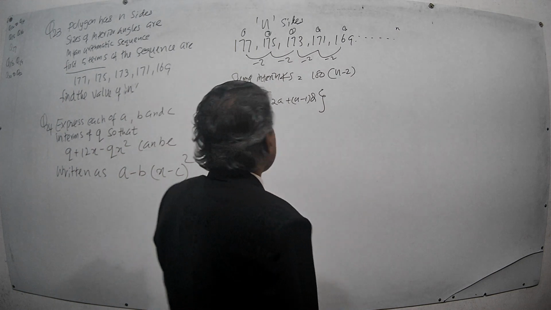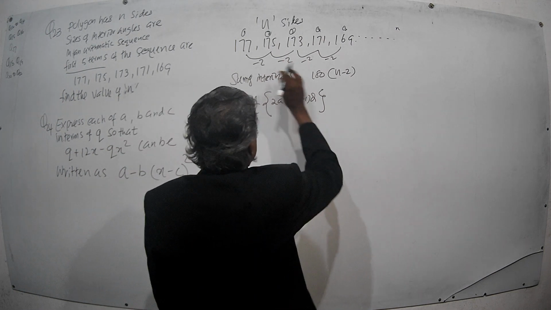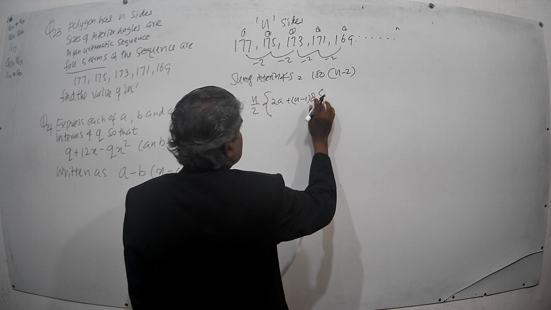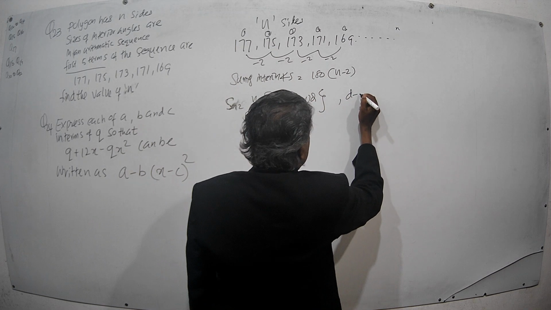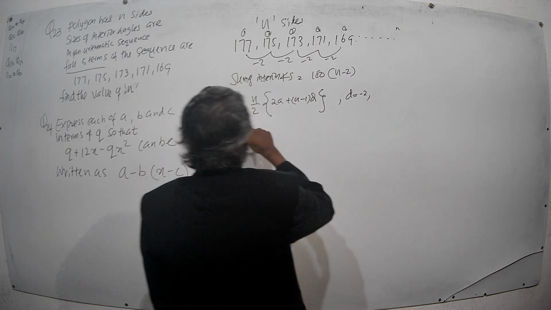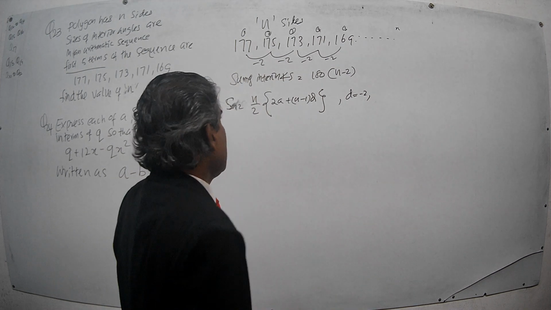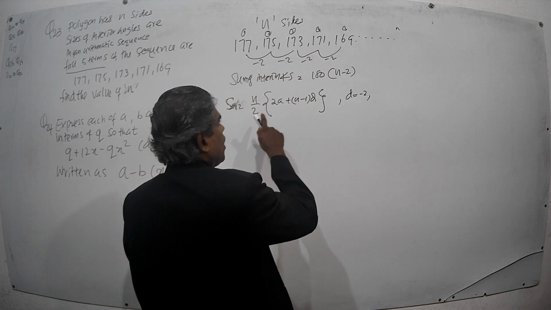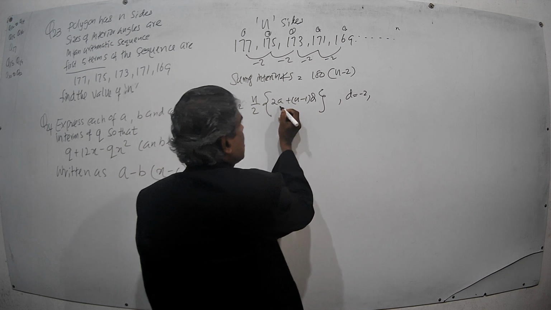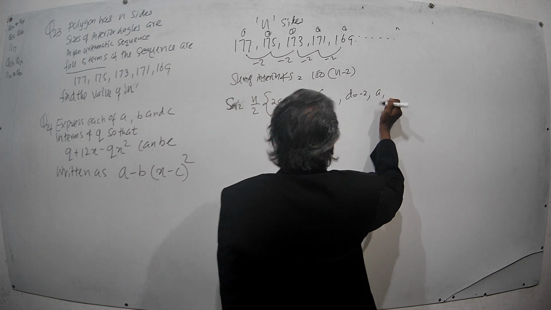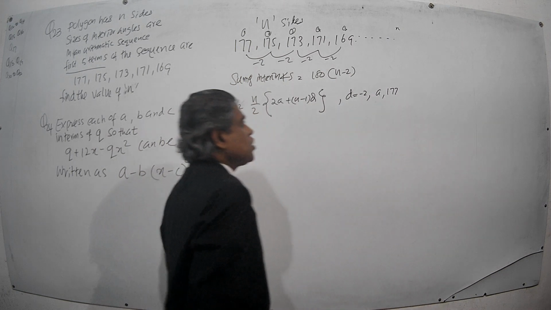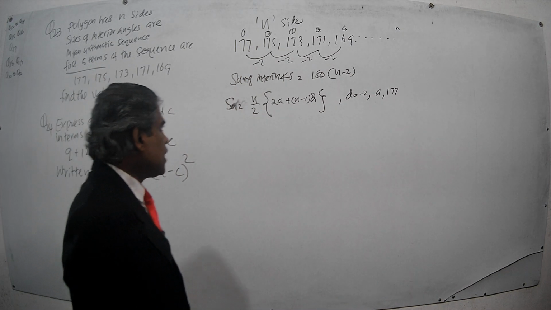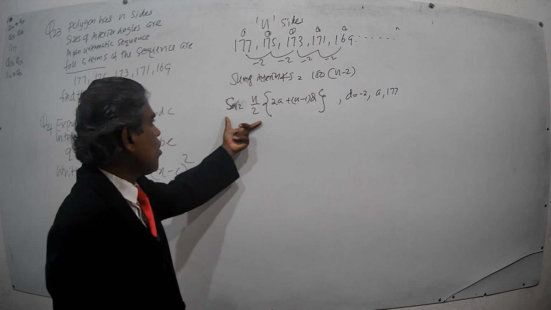Now we have the common difference d, so d equals minus 2. And a is the first term, which is 177.